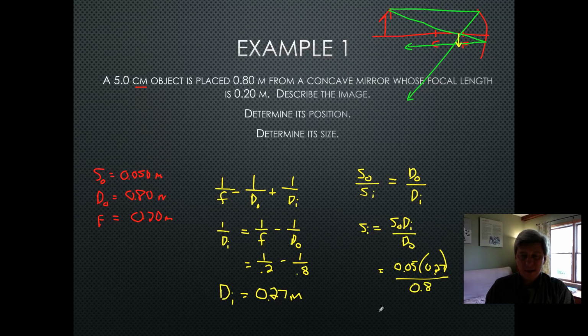and that's going to give me an SI value, a size of the image of, let's see, 0.05 times 0.27. Now that's a rounded number, but we'll accept it for now, over 0.8, and that's going to give me an image of 0.017.